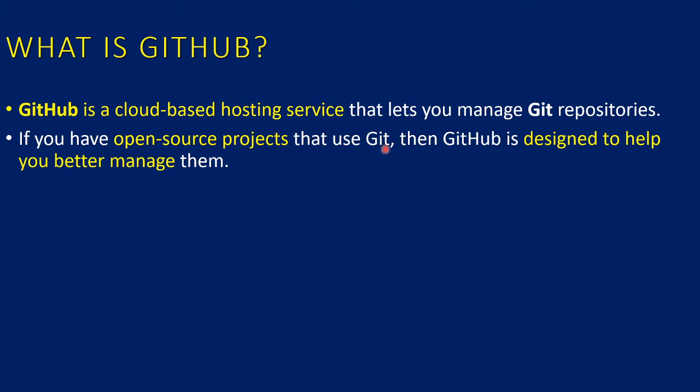We shall look at Git in the next slide. When you're working on an open source project, we love to use Git. Git will help you to manage your source projects in a simpler and much better way than when you're working on it manually, right?